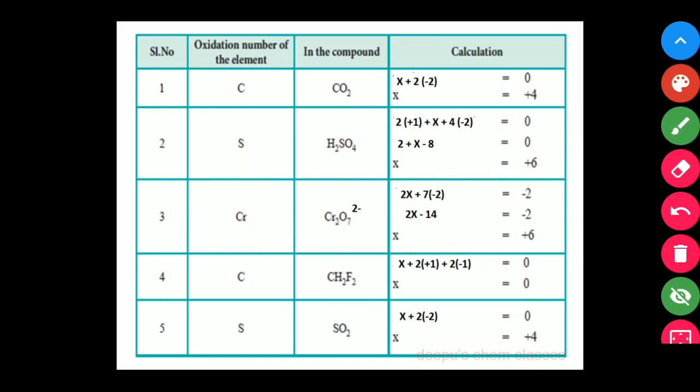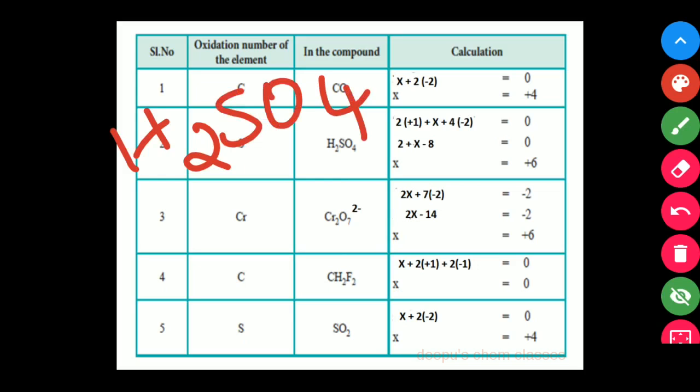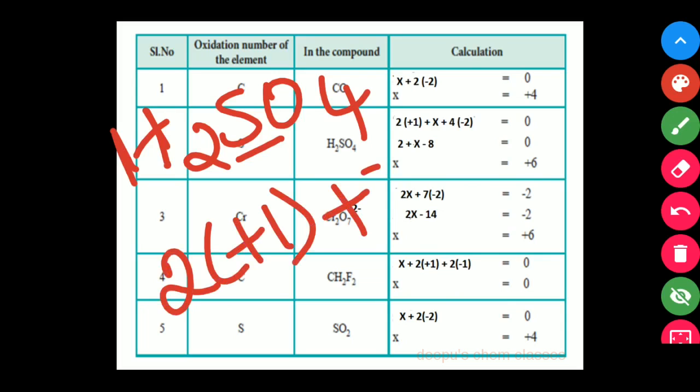The second problem is to find the oxidation state of sulfur in sulfuric acid, H2SO4. We keep sulfur as X. For hydrogen, the common oxidation state is +1, so for 2 hydrogens it is 2 into +1, plus sulfur, X. For oxygen, the common oxidation state is -2, so for 4 oxygens it is 4 into -2.